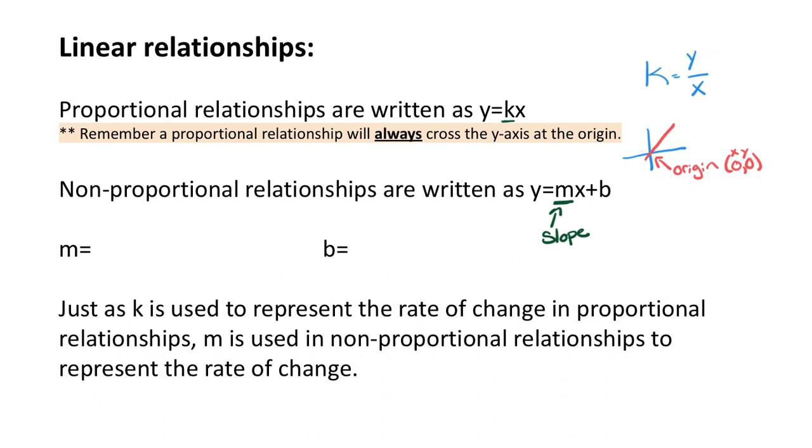That is the rate of change. However, b, so plus b, is the y-intercept. So that is where it crosses the y-axis.